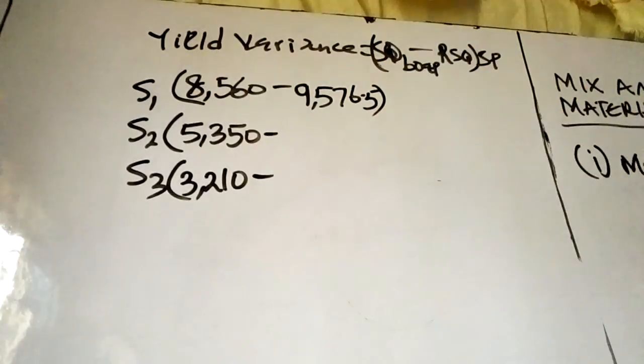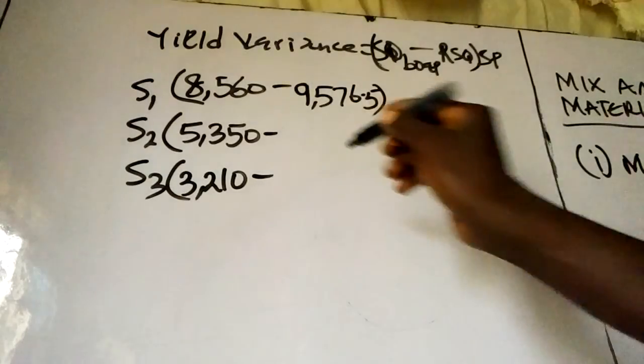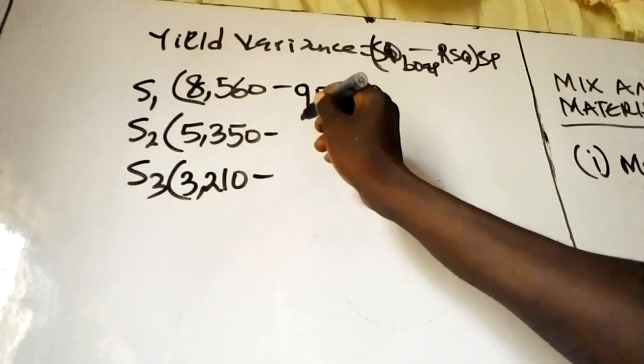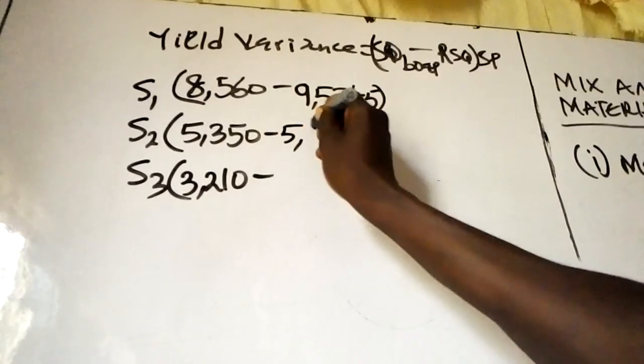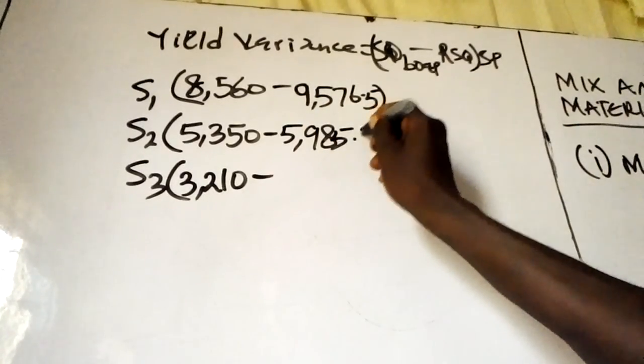So that was our first workings under the mixed variance. Then for S2, we got 5,985.3.